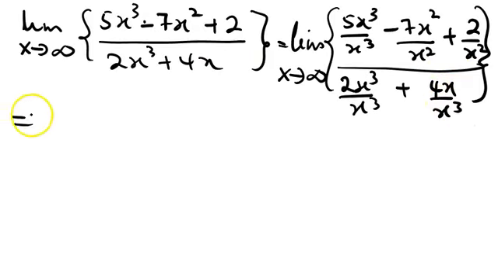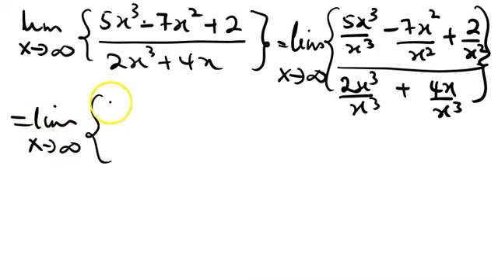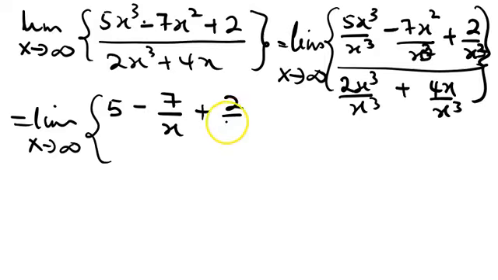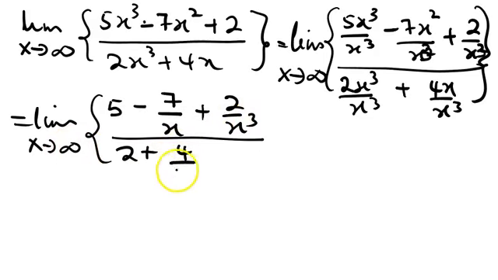So now when we simplify, we have the limit as x tends to infinity of 5 minus 7 over x plus 2 over x cubed, over 2 plus 4 over x squared.